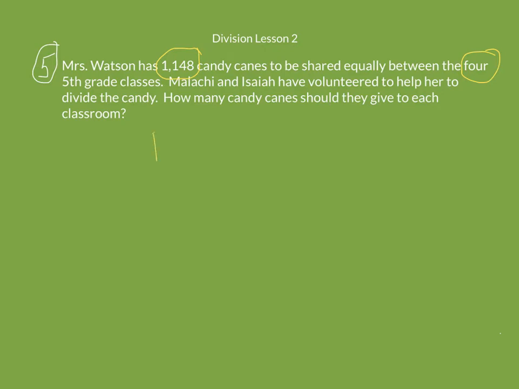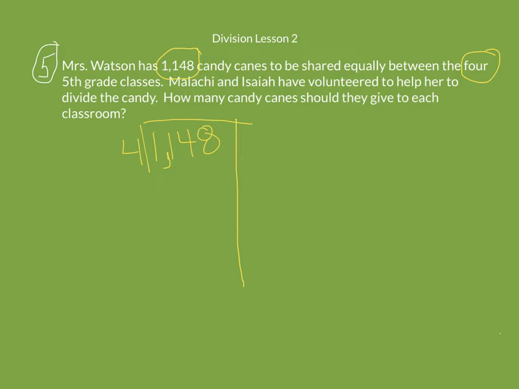So we have 1,148 candy canes to be split equally between the 4 classes. Now I know I cannot give each class 1,000 because that would be 4,000 and I only have 1,000. So 4 groups of 1,000 does not work. I could do 100, but that would only be 400.